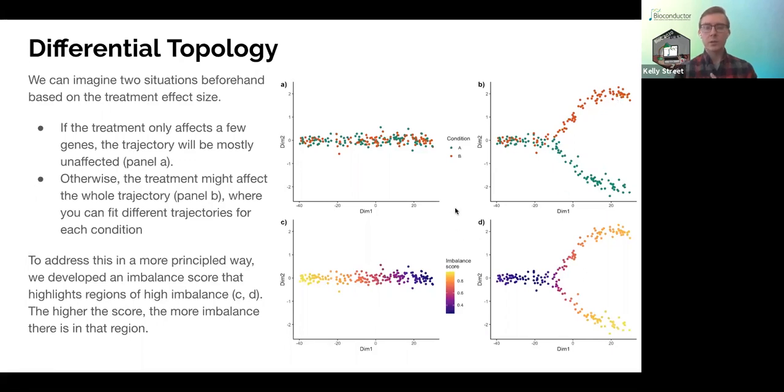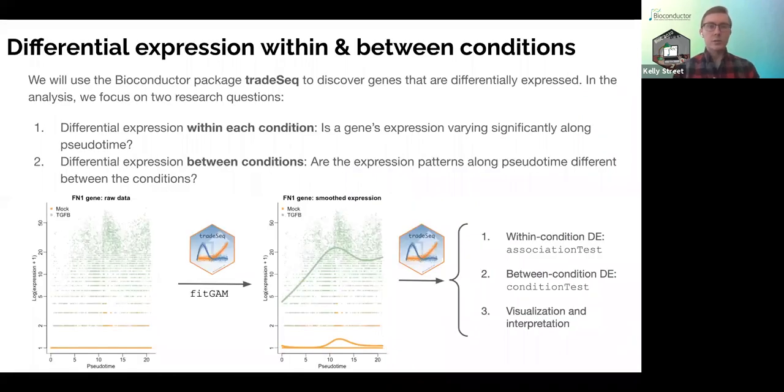And so it might not be appropriate to model that as a branching trajectory, but rather two separate trajectories that happen to overlap. Another problem that we're going to tackle is differential expression. And this is going to be in the context of continuous pseudotime.